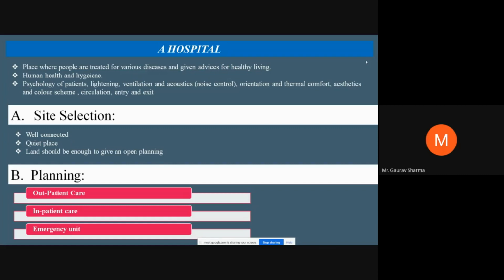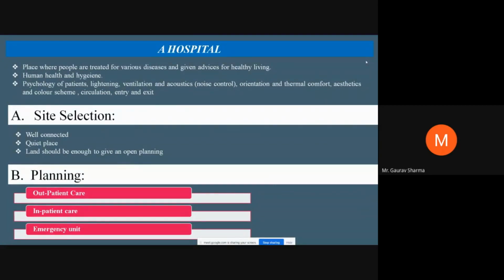The inpatient care deals with the persons or the patients that are accommodated or admitted into the hospital building itself, and various wards. There are a number of wards. Depending on the case or type of disease, they are separated into different wards. Again, emergency unit is a different part.